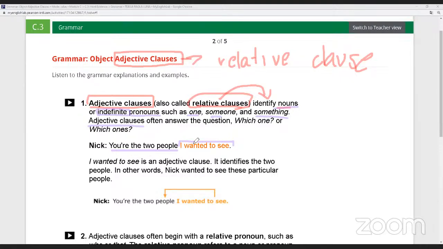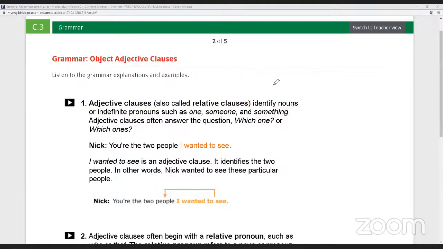Okay. So in this case, the adjective clause is answering the question, which one? The two people, or which ones, right? Which one? The two people. Okay. So this is a way where we can recognize the noun of a sentence.